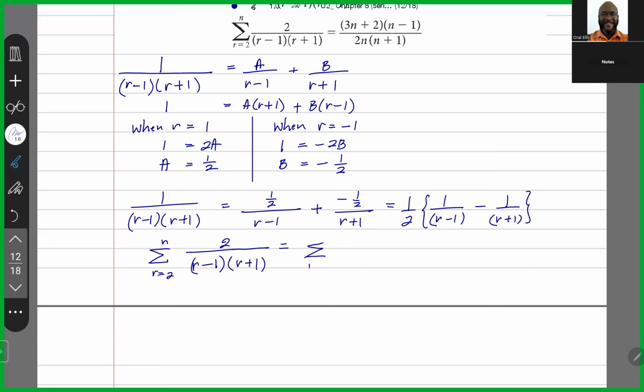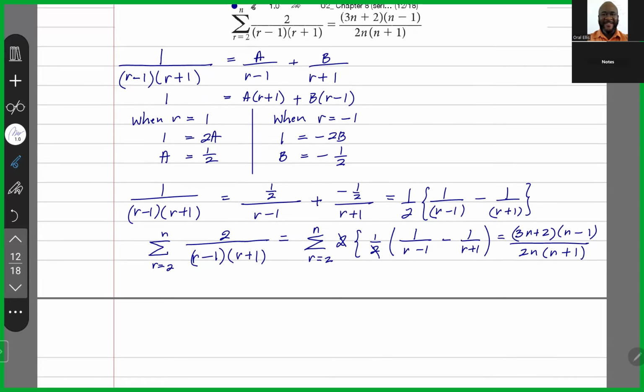This is the same as the sum from r equals 2 to n of 2 times 1 over 2, 1 over r minus 1 minus 1 over r plus 1. And of course, these 2's would cancel, and this would be equal to (3n plus 2)(n minus 1) all over 2n(n plus 1).